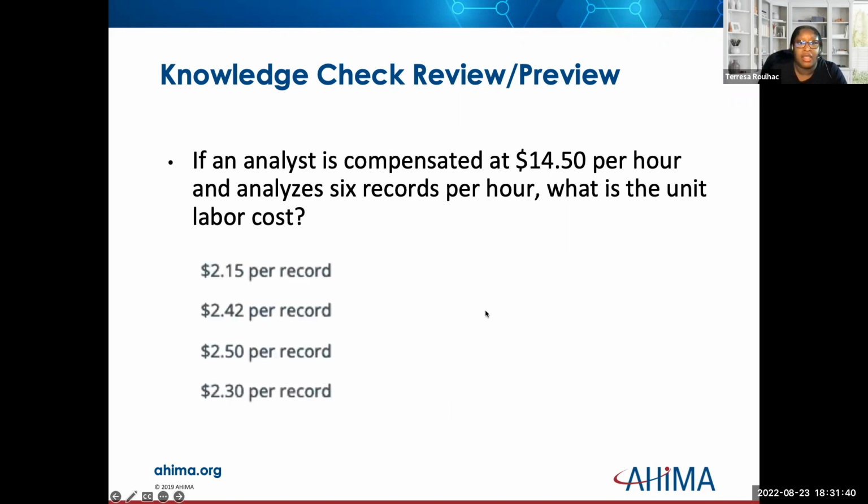Well, to get that, we have a couple options. Is it 2.15 per record, 2.42 per record, 2.50 per record, or 2.30 per record?